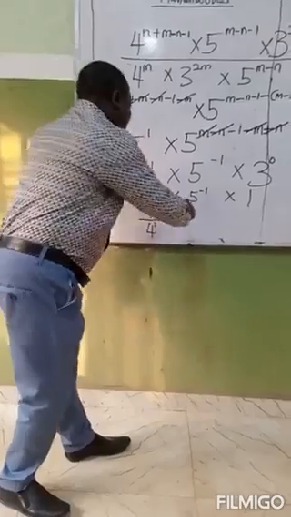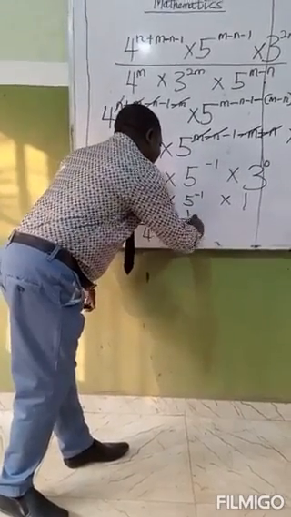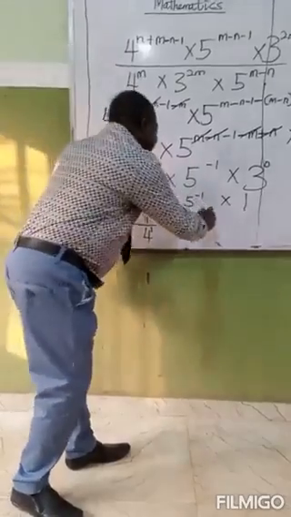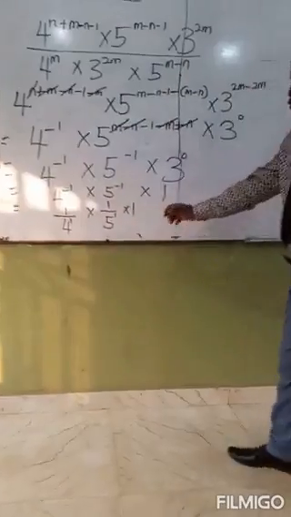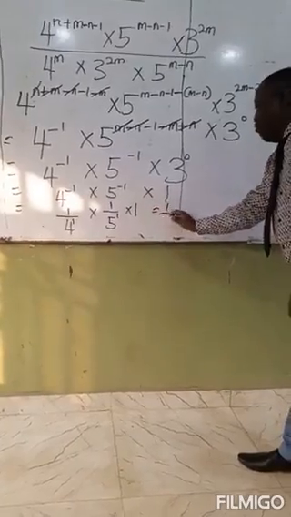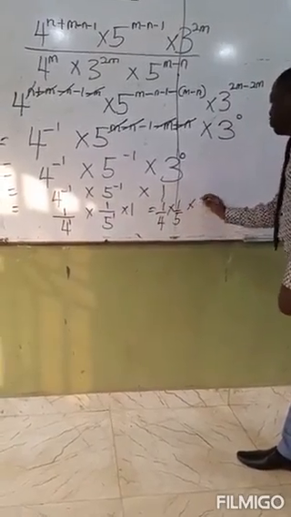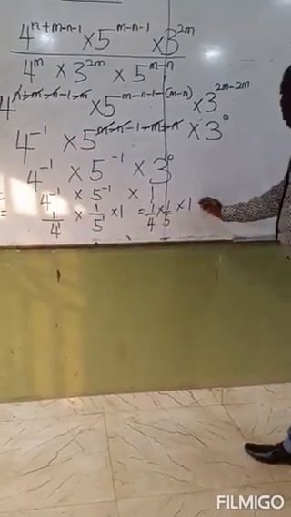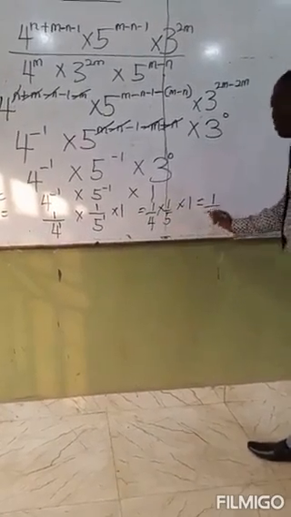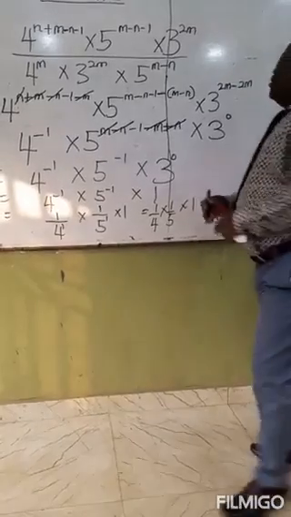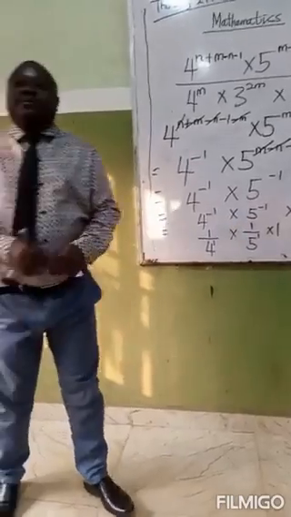Also, 5 raised to power minus 1 means 1 over 5 raised to power 1. Then times 1. And this is now equal to 1 over 4 times 1 over 5 times 1. And the final answer is 1 over 4 times 5, which is 20. 1 over 20. So this is as easy as this.